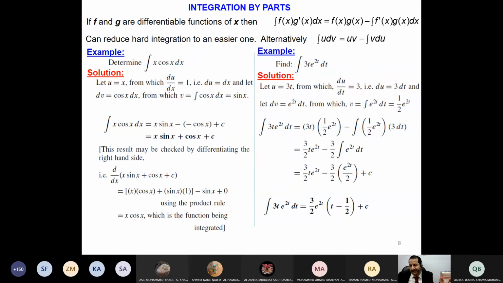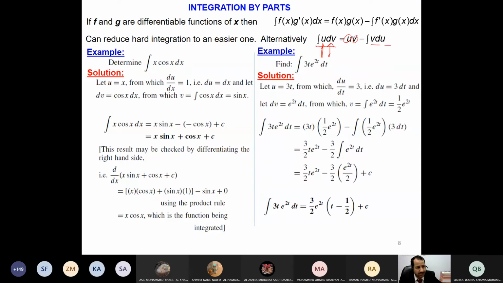Cosine x and x, they are different. X and exponential x, they are different. In this way, we can use integration by parts. What do the rules say? If you have the integration of two functions, u and the derivative of the second function dv, then the result is uv minus the integration of v du.